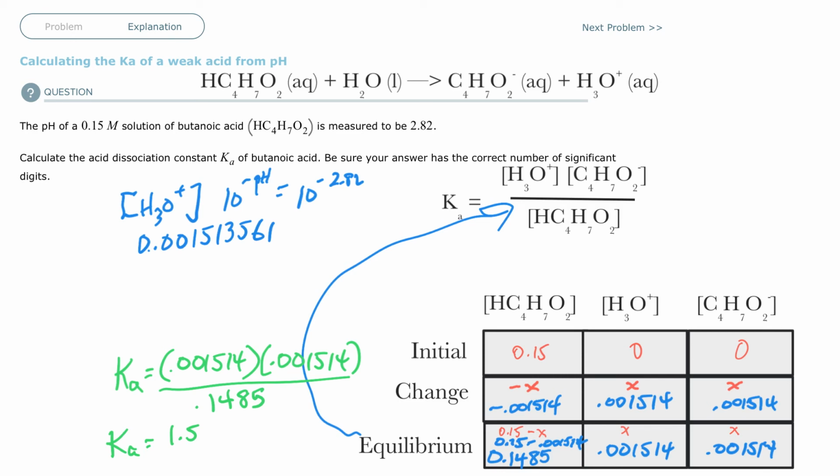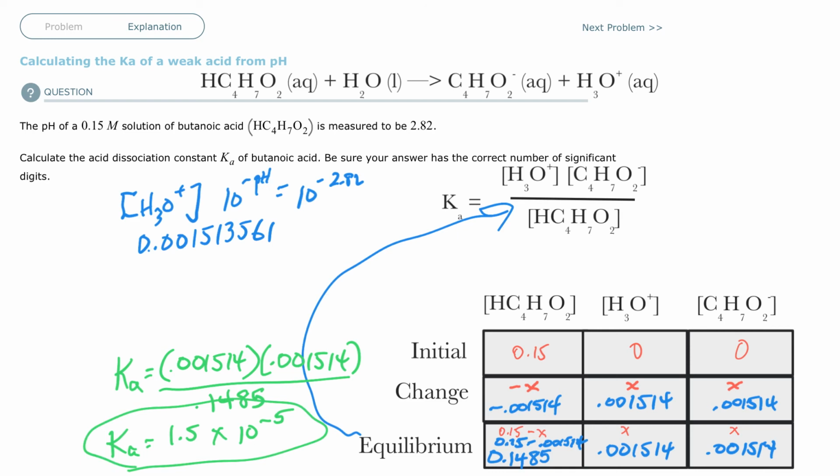Let me just go ahead and find out how many significant digits I need. 2.82 is 3 significant digits, and 0.15 molar is 2, so it has to be 2. So it's going to be 1.5 times 10 to the minus 5.